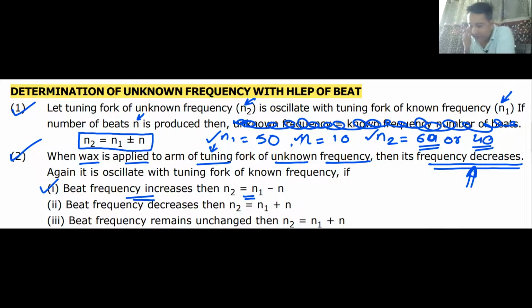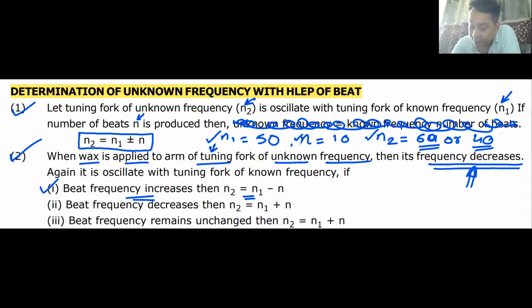Now, it might be difficult for you to remember the formula, but instead of remembering the formula, just use some common sense. For example, I apply wax on the unknown frequency tuning fork and my beat frequency increases. The frequency of the unknown tuning fork has decreased, but that has led to an increase in my beat frequency.